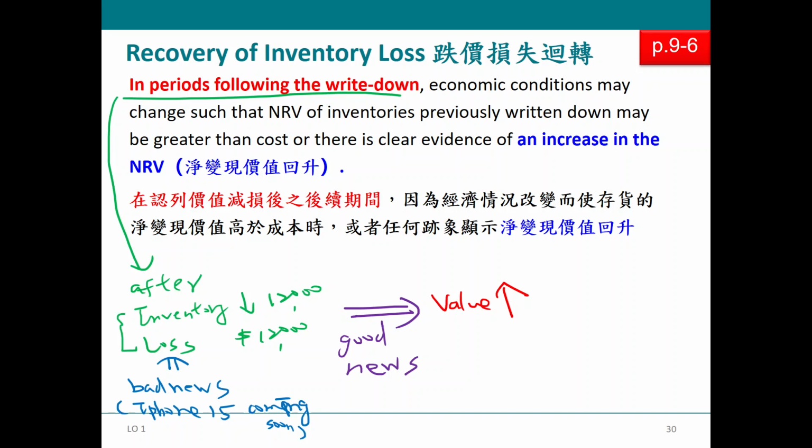But a few months later, like after one month, good news. What's the good news? Apple told you that because of some problems, their iPhone 15 cannot be sold in the market next month.